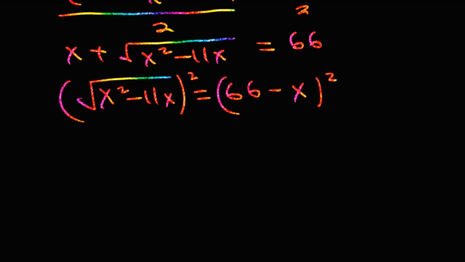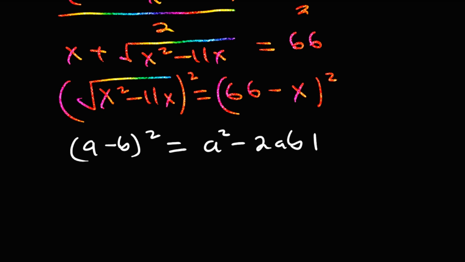So when we do that, on the left hand side, the root will cancel with the square, but for the right hand side, we can see it is the case a minus b squared, which is given by a squared minus 2ab plus b squared according to the quadratic identities.